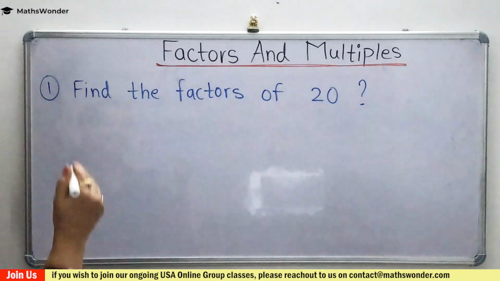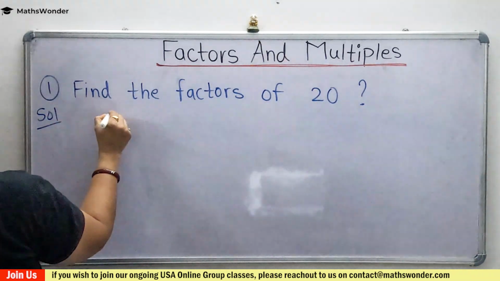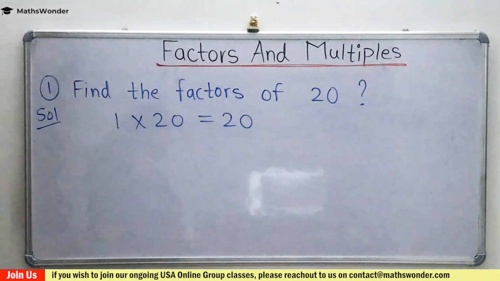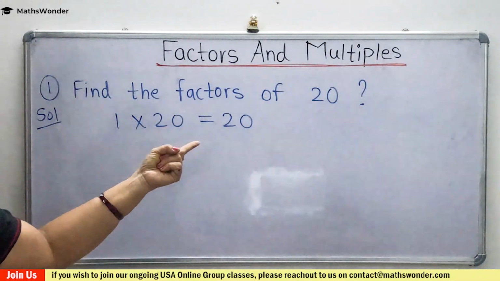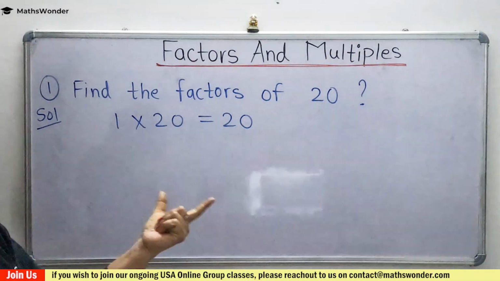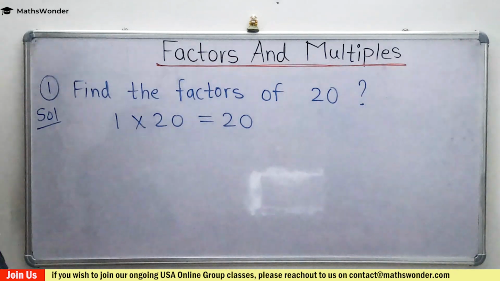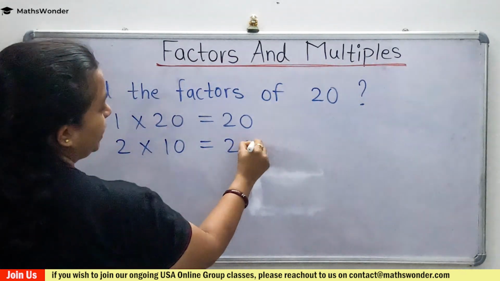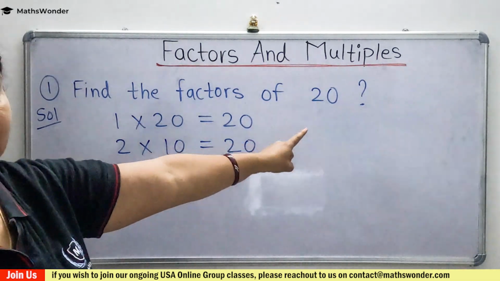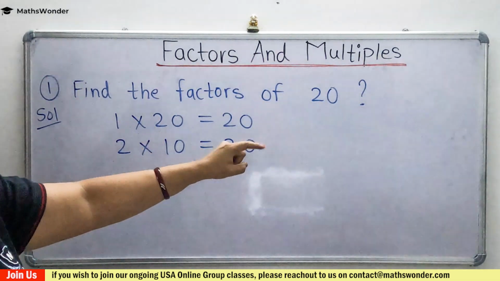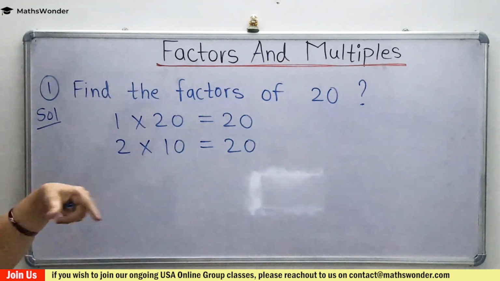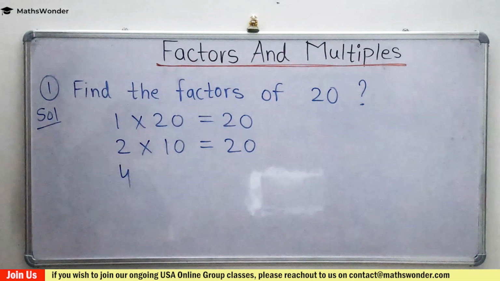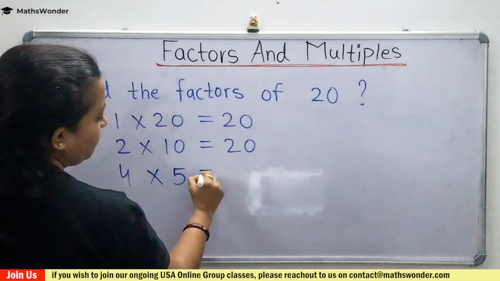Start with 1. 1 times 20 is 20, yes. 2 times which number gives 20? 2 times 10, correct. Now, will 3 give 20? In the table of 3, do you get 20? No. Move to 4. 4 times which number will give 20? 5. Correct, 4 times 5 gives 20.